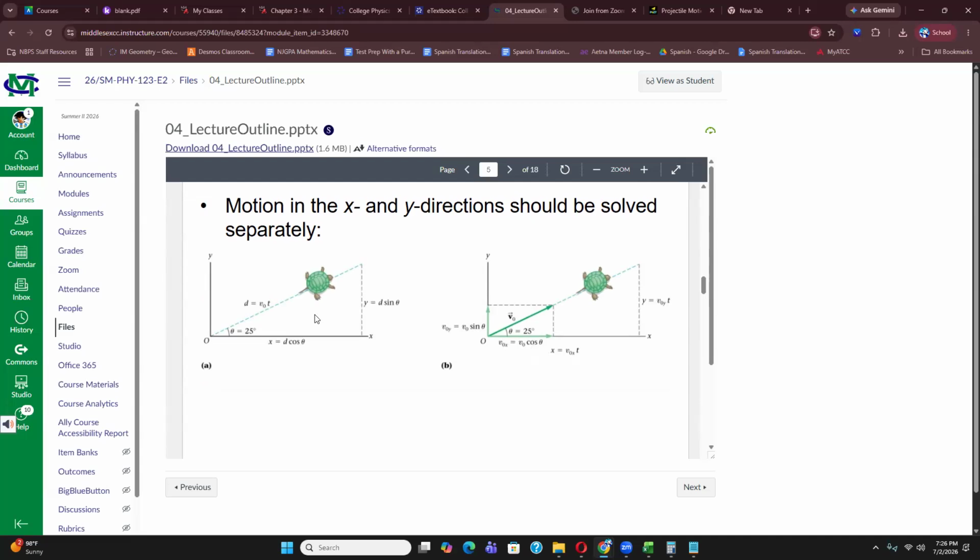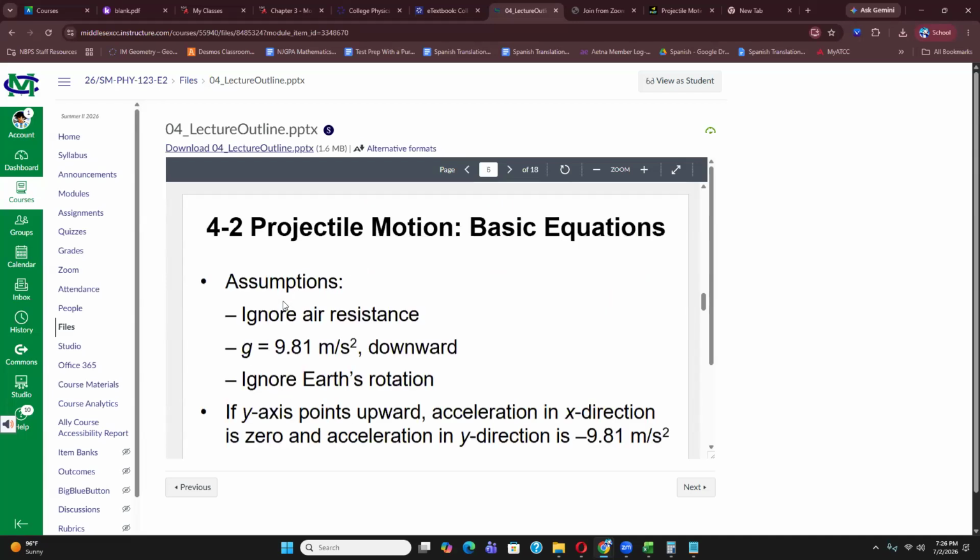You have to do the analysis on X and on Y. That's why we call it motion in two directions, because you are analyzing the motion of this object in two directions. In one direction it is a constant velocity. In the Y direction the velocity depends on gravity. It changes because of gravity.